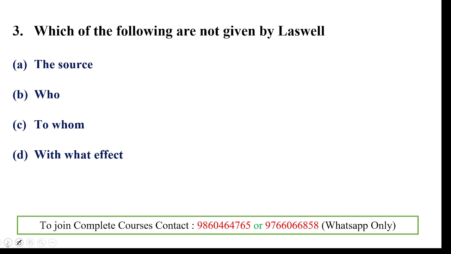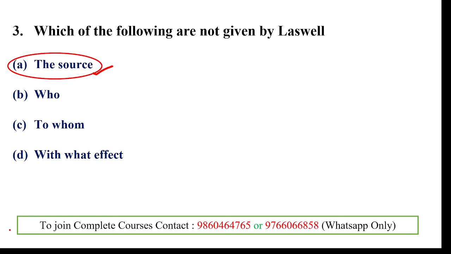Then, which of the following are not given by Lasswell? So you can see in the Lasswell model, he gives various questions regarding communication, like who, to whom, with what effect, with which channel, etc. So there are five basic questions, and the source does not come under the Lasswell model.